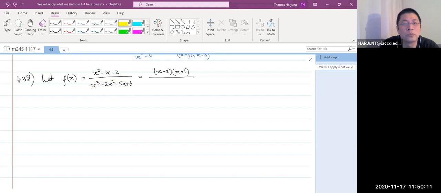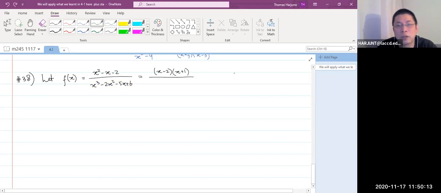Okay, so let me use the green color. This is x cubed minus 2x squared minus 5x plus 6. You use the technique I taught you in chapter 3. We will have 1 positive zero out of 3 zeros.